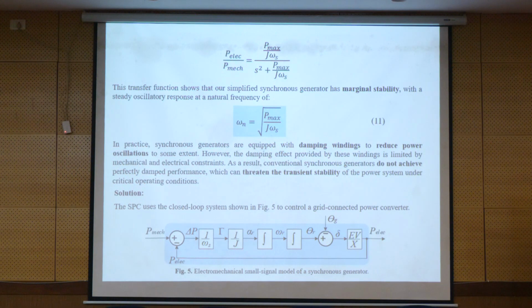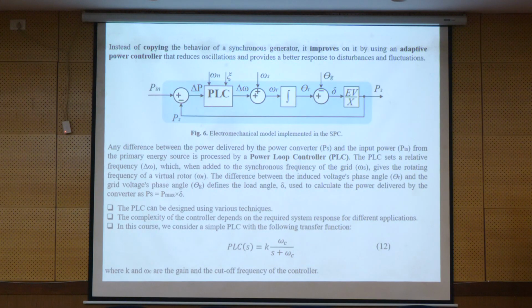So again, we get back to this. We see this is a small signal model of the synchronous generator. But what we are going to do in the virtual synchronous generator is develop it by adding an adaptive power controller, which reduces the oscillation and provides a faster response to disturbances.